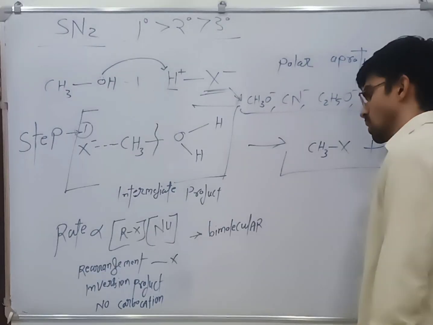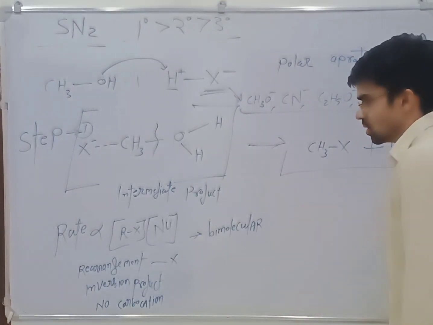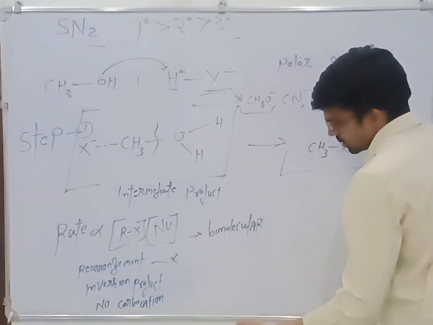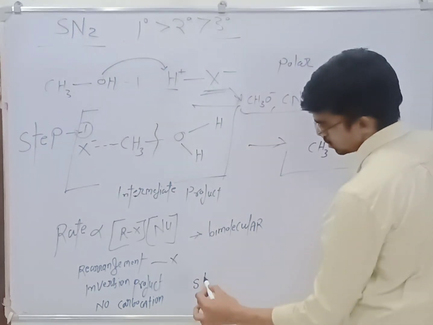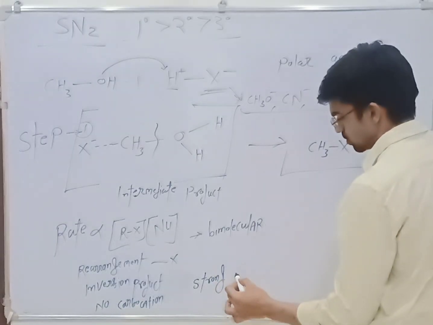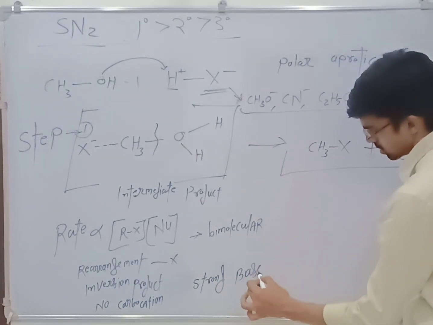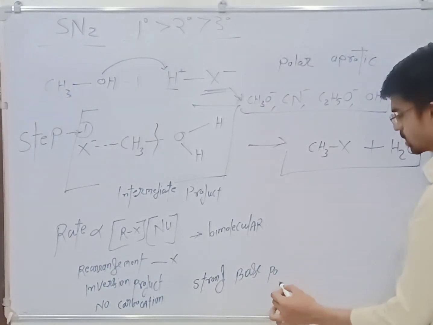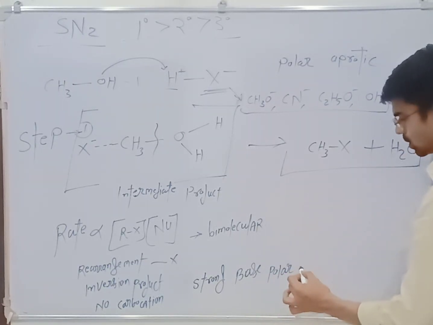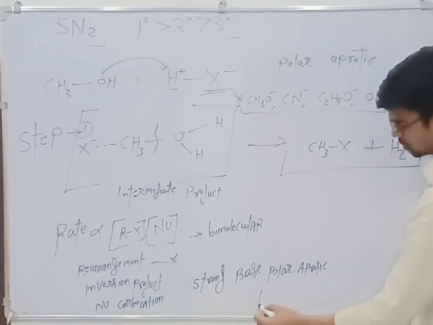So this is the reaction, and for an SN2 type reaction we use a strong nucleophile, strong base, polar aprotic nucleophile.